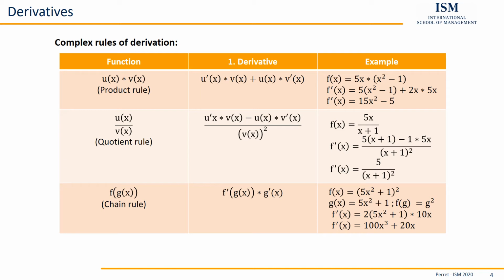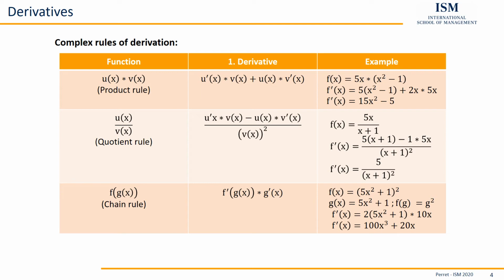Doesn't matter actually which of the two functions I derive first, as long as I simply switch between those two. So here I have derivative of u, v as is, plus u, v derivative. I could also do this the other way around, because they are connected with a plus in the derivative.